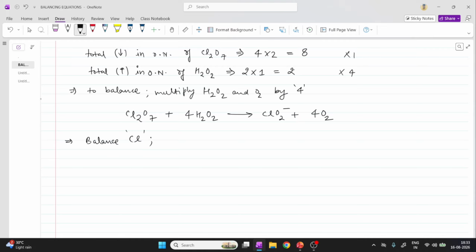So I'm writing the final equation as Cl2O7 plus 4H2O2 gives 2ClO2 minus and 4O2. Now some will say that if I'm writing 2 here, oxygen will also change. Again the same concept. We have to balance only those atoms which are undergoing oxidation and reduction. So we are only concerned with chlorine. Fine. The next step is to balance charge.